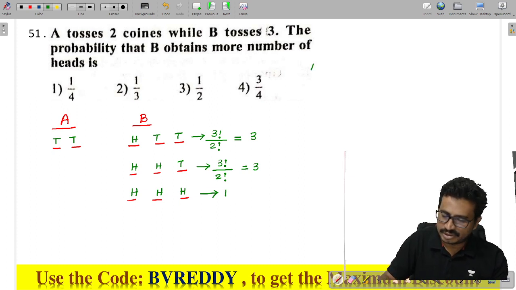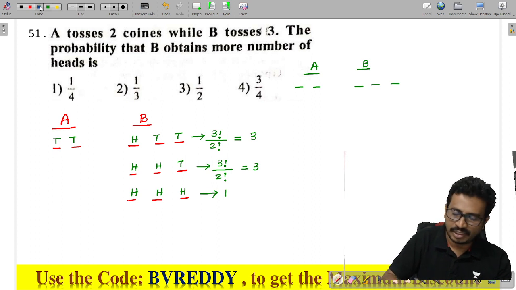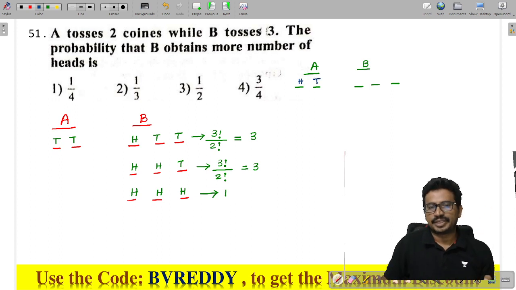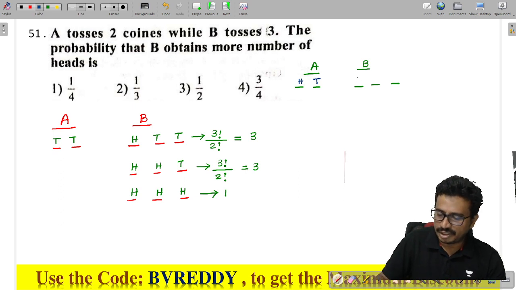Now let us see this. Let us consider if A gets 1 head and 1 tail, then how many times does B have to get a head? He has to get a minimum of 2 heads, so 2 heads and 1 tail. How many ways can we arrange this? 3 factorial by 2 factorial.